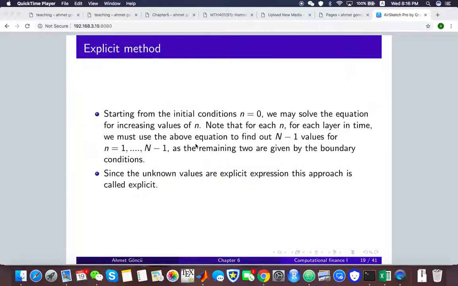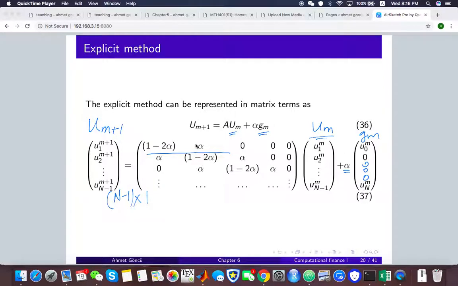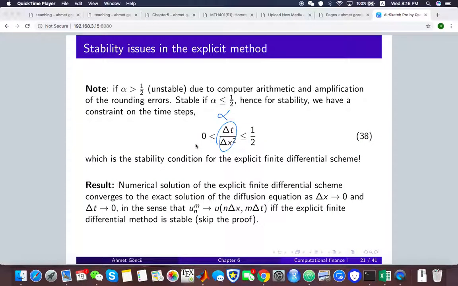So this means our solution will explode. And in order to avoid such situations, this is the so-called stability condition which we need to require in our choice for delta t and delta x values, so that our approximation will converge to the true solution.